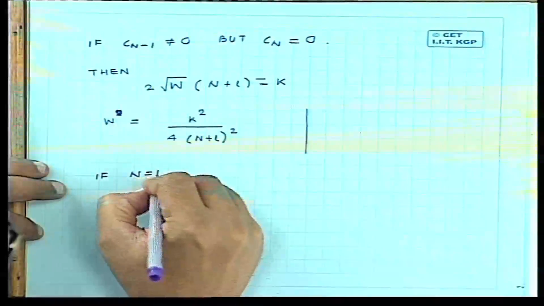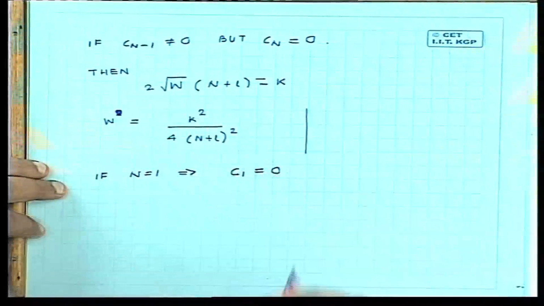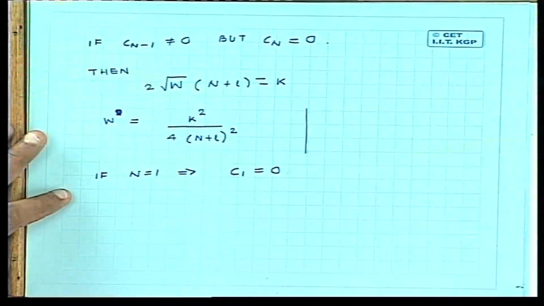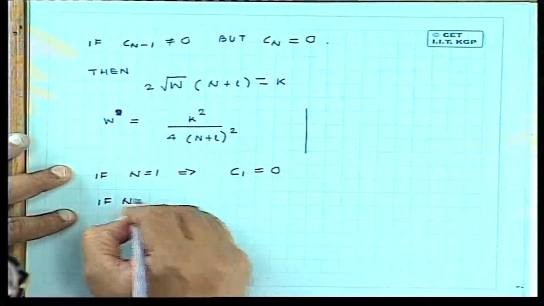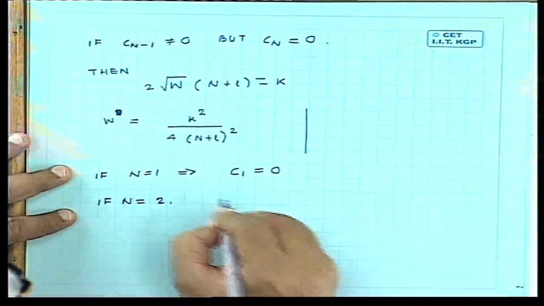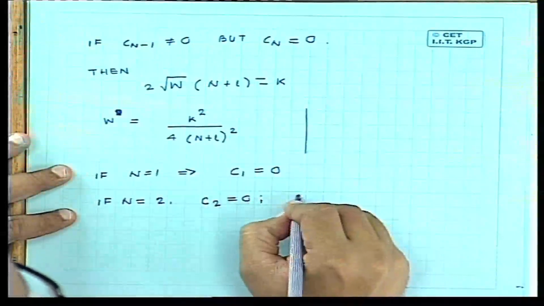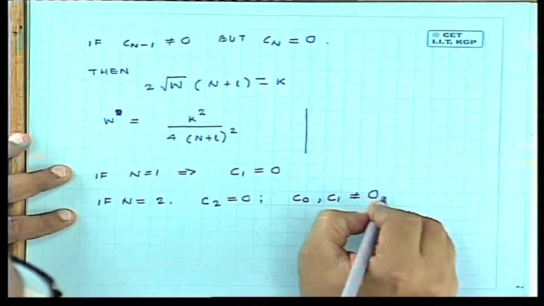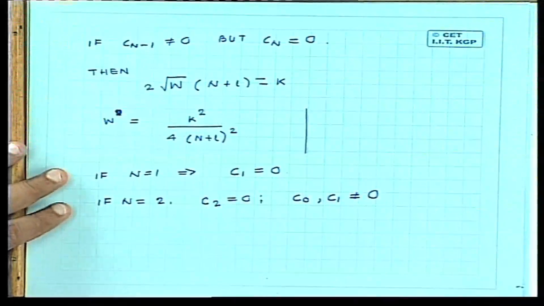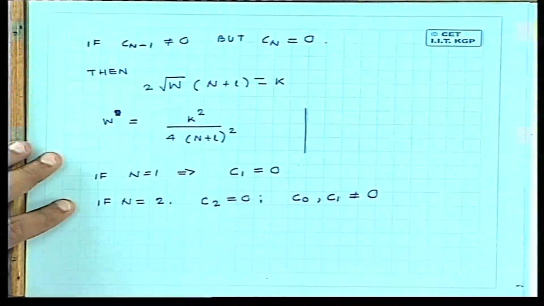If n equal to 1, this implies that C1 is equal to 0. C0 is the only non-zero coefficient. If n equal to 2, it implies that C2 is equal to 0, C0 and C1 are both not equal to 0. So it is a linear polynomial. This is just a constant.